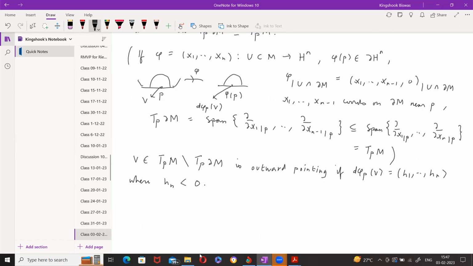And then we can define the induced orientation as follows.